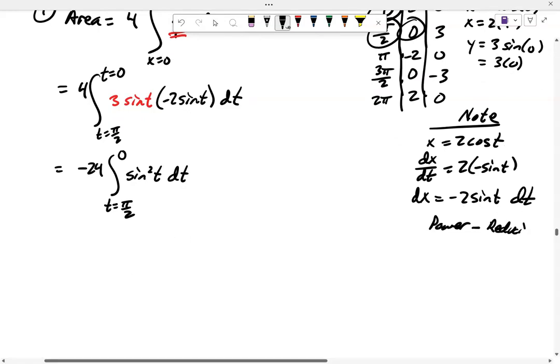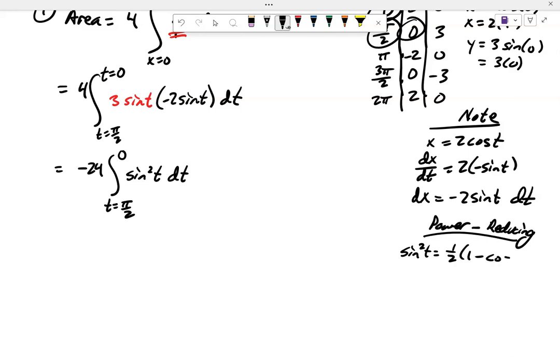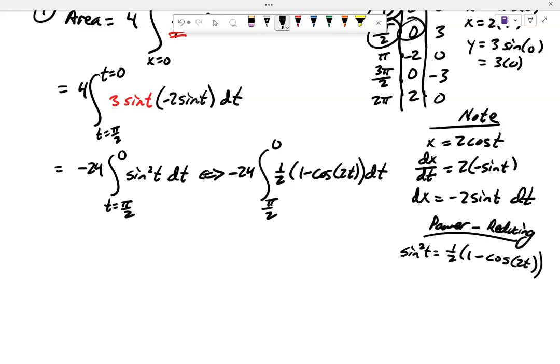If you want to look back at your power reducing formulas, sine squared of t is a half of 1 minus cosine of 2t. So we got t being pi halves to 0.